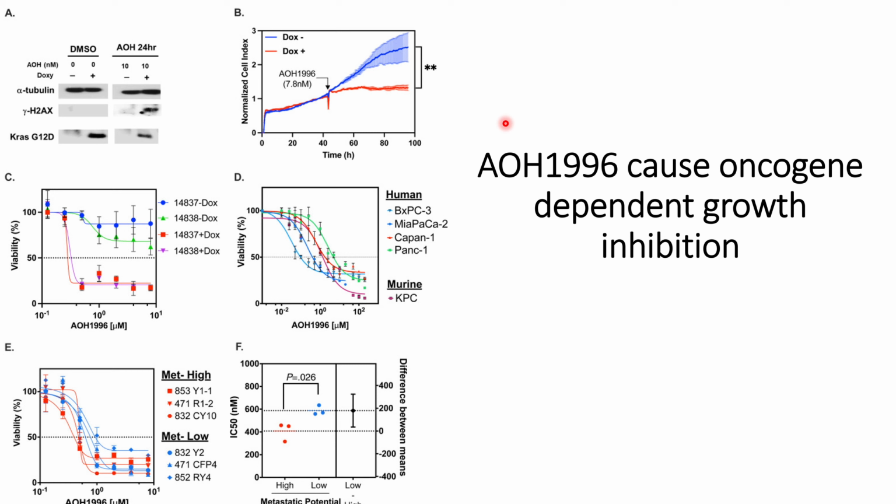In order to check the effect of this AOH1996, they took pancreatic cell lines in which, when doxycycline is introduced, it will cause KRAS mutations, and they checked the effect of this AOH in those conditions. For the control, they used only DMSO.